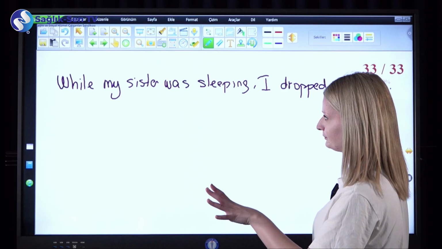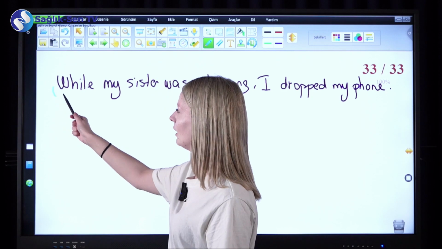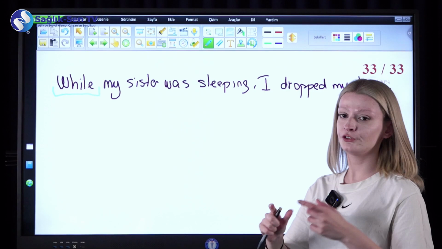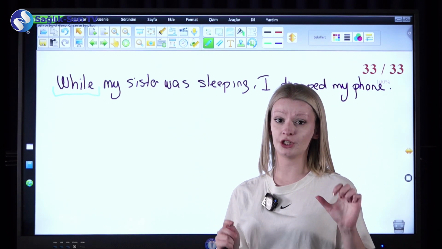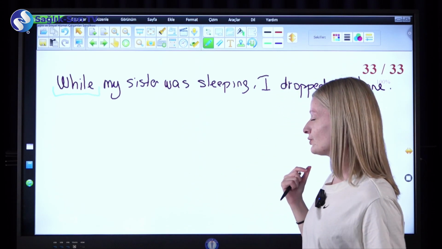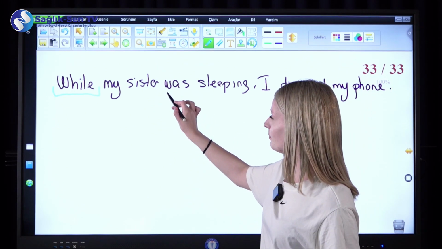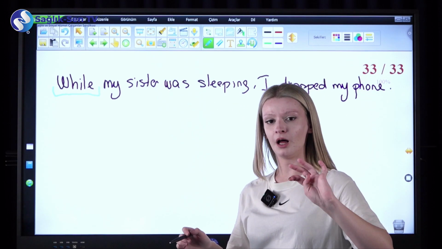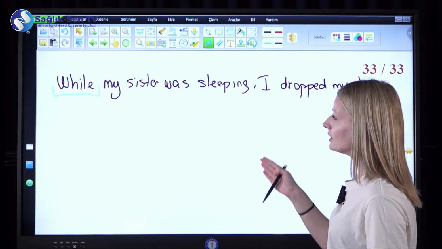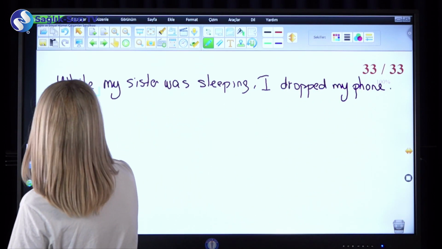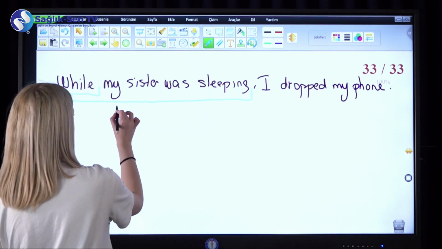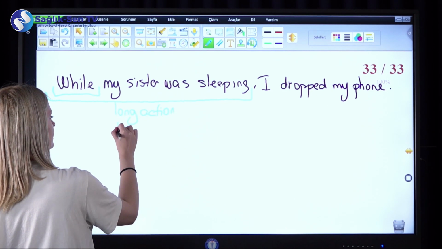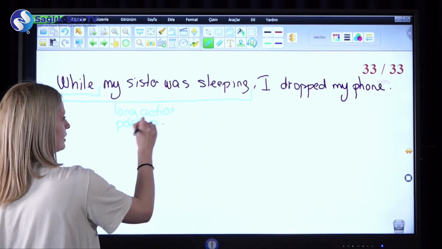In this one, as you can see, we have a while, a time conjunction. And in that sentence, if you are using while as your time conjunction to combine these two sentences, you have to use past progressive, which you can see here, was sleeping. Be, past form, and verb ing. So I understand that this is my long action, which is built with past progressive.